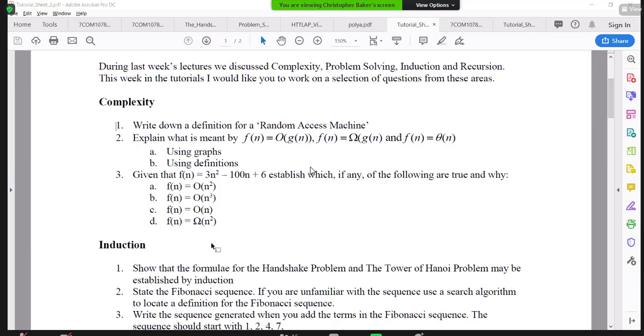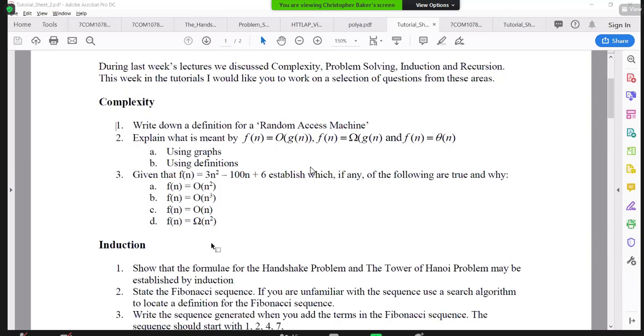As a reminder, we're looking at, first of all, what random access machine means, and what is meant by big O, big omega, and theta notations in terms of upper and lower bounds.